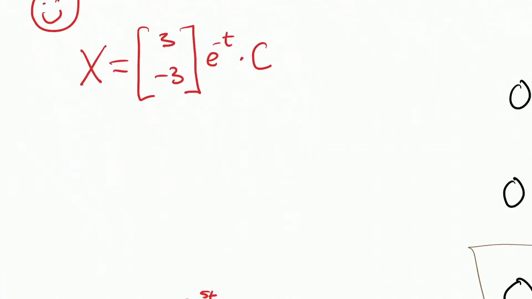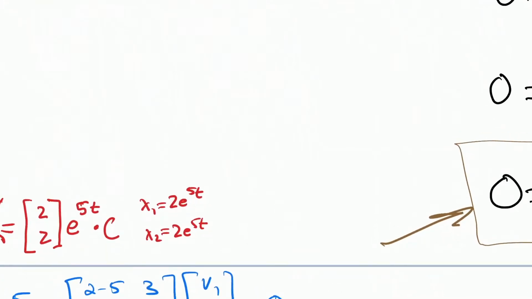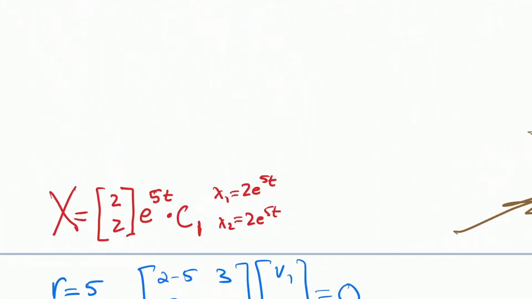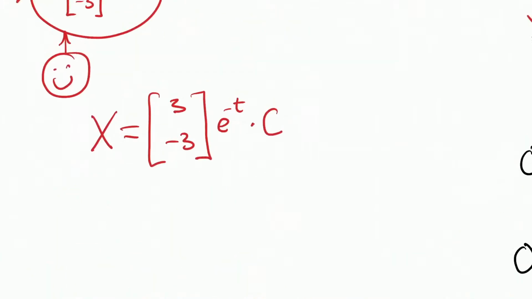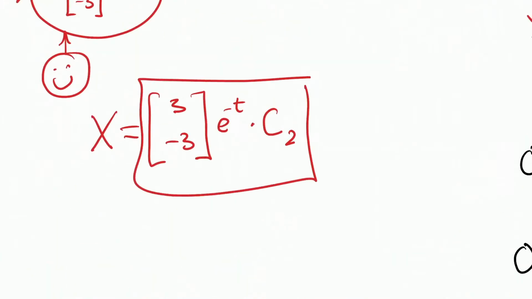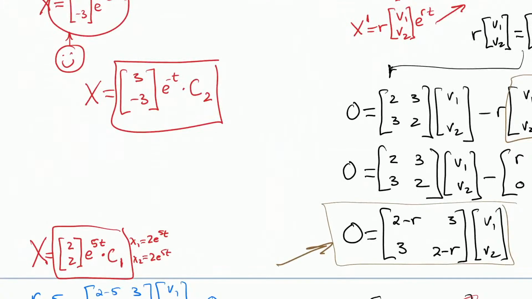Of course, these can't be the same constant, so we'll call that one constant 1 and this one constant 2. And then if we want every possible solution, let's add those two together to get a general solution to this system of differential equations.